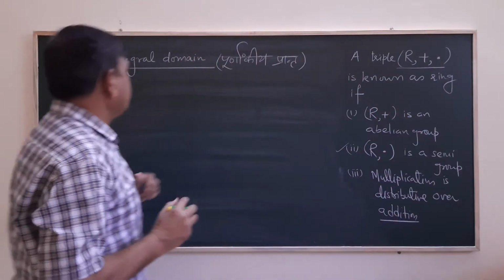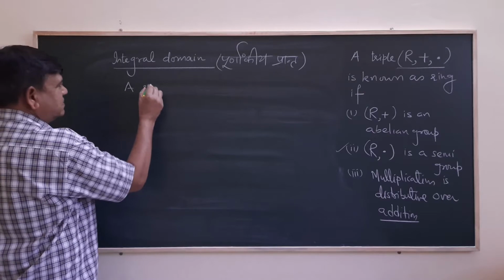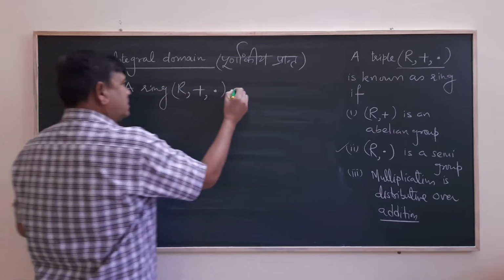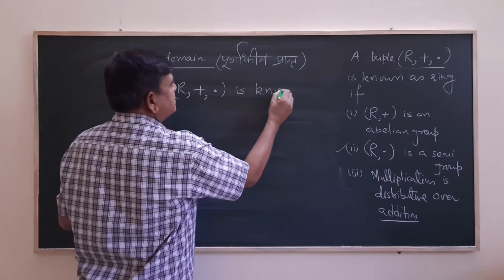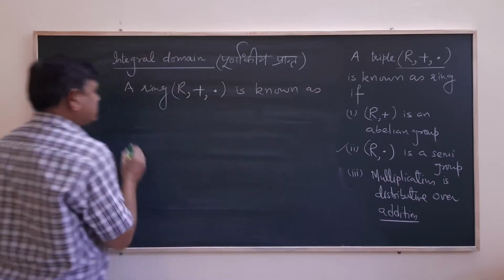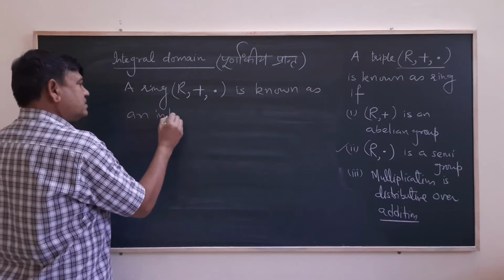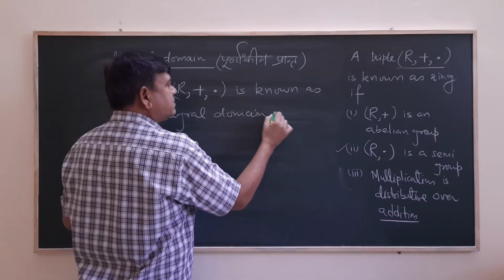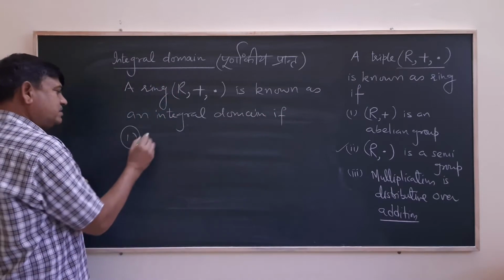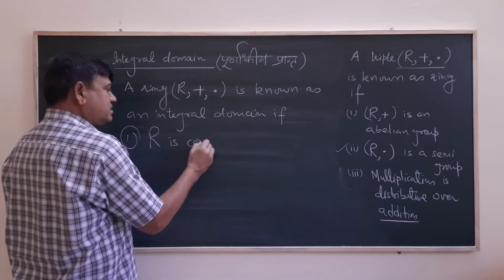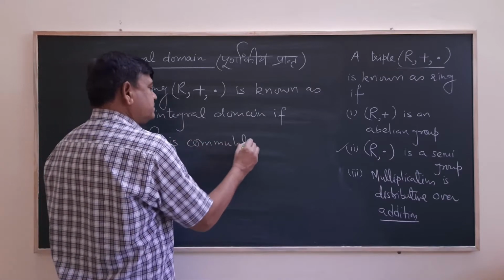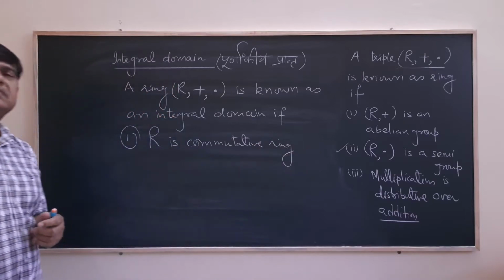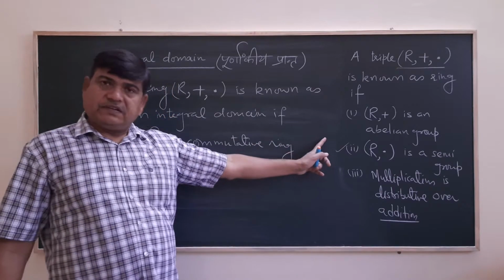Okay, so integral domain: a ring R is known as an integral domain if number 1, R is commutative. R is a commutative ring.